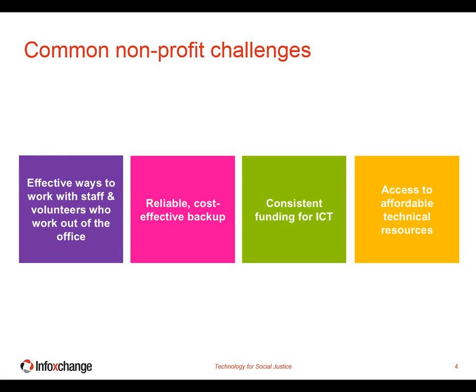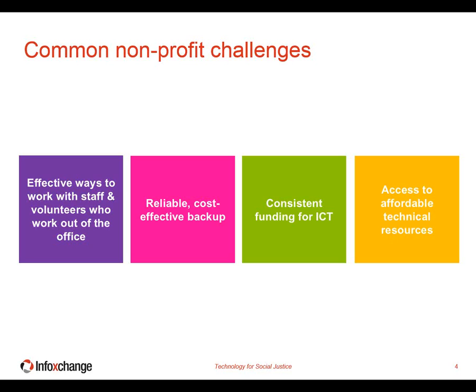Some of the common challenges, and reasons why we hear that people are unsatisfied with their ICT environment, start with: how do we allow staff to stay connected with people when they're out of the office?